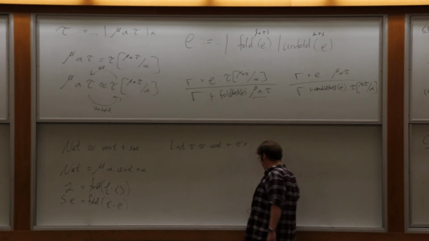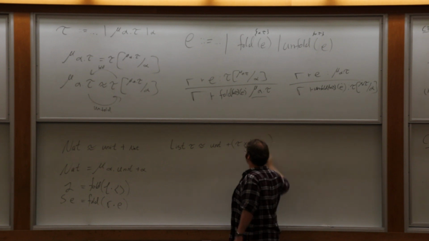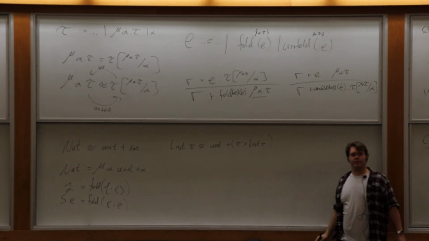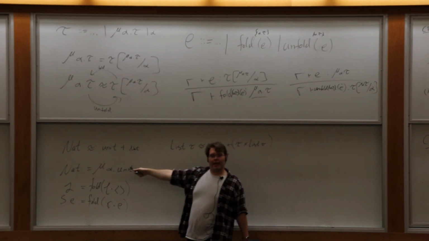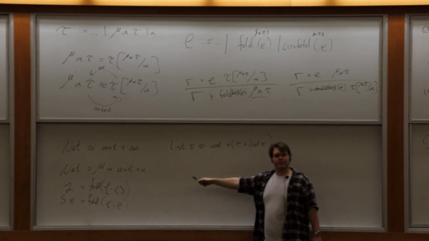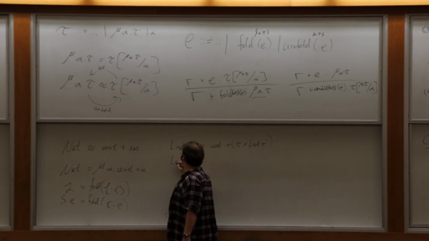Okay. List of taus. So a list is equivalent to, or isomorphic to, those things, which means we can write it as an instance of a recursive type using mu alpha.